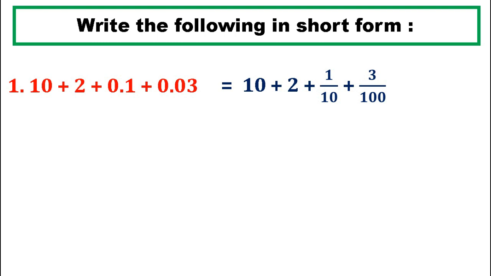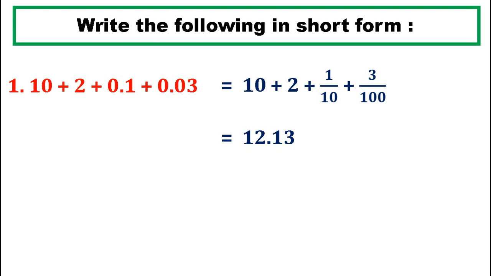The first number, that is 10, is in the tens place. So we write 1. Then the next digit 2 is in the ones place. So we write 2 after that. After 2 we have 1 by 10. That means it belongs to the decimal part. So the digit 1 will be written after the decimal point.